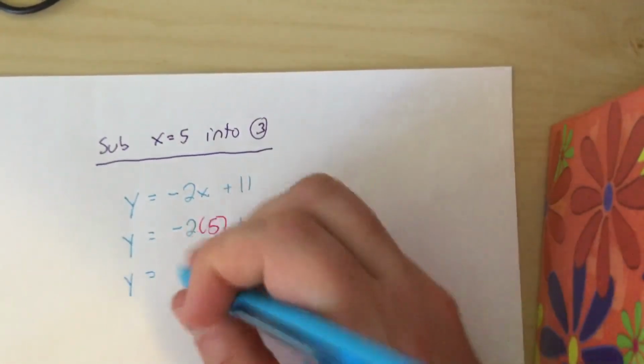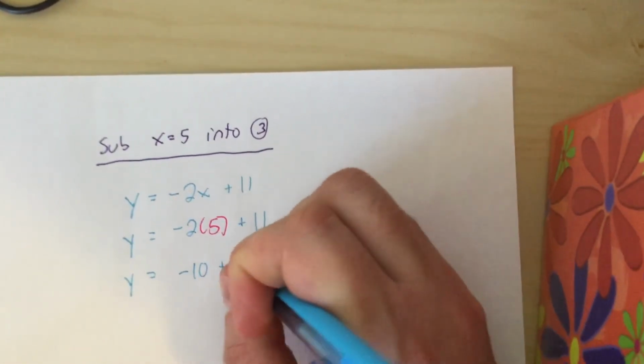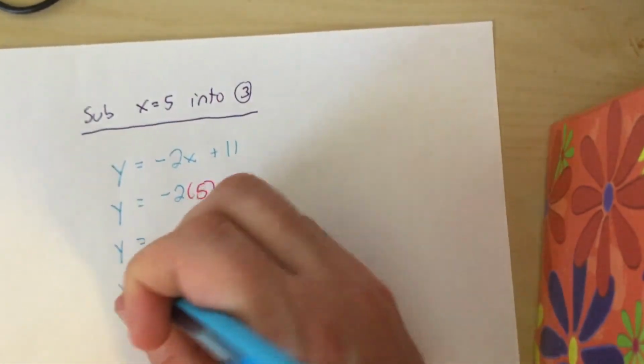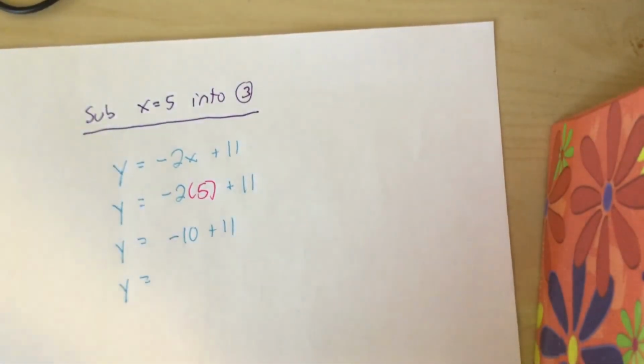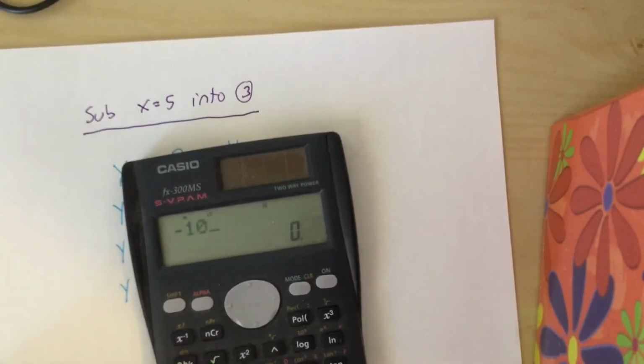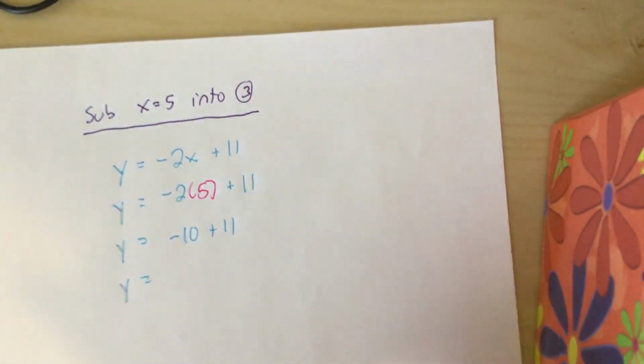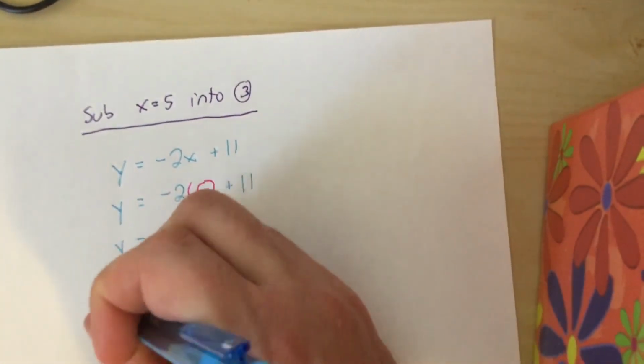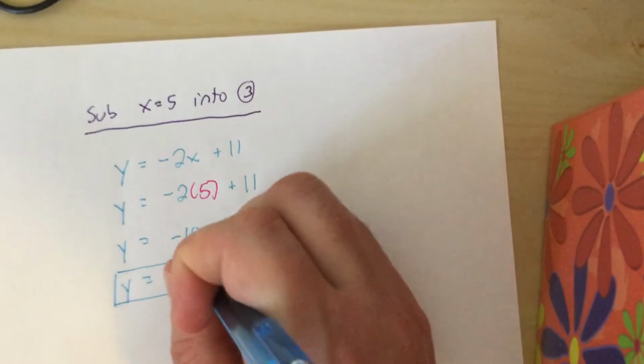So y equals minus 10 plus 11. If you don't know how to do it, as usual, calculator, don't forget the negative keys. Negative 10 plus 11 is 1. And y is 1. And I'll put a box around that.